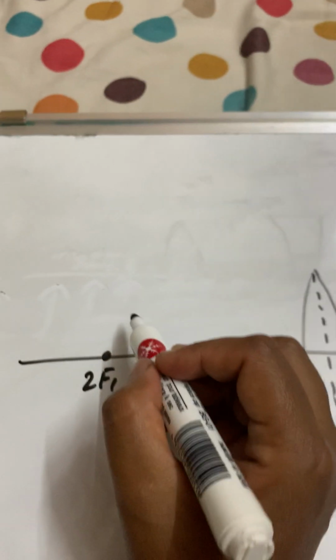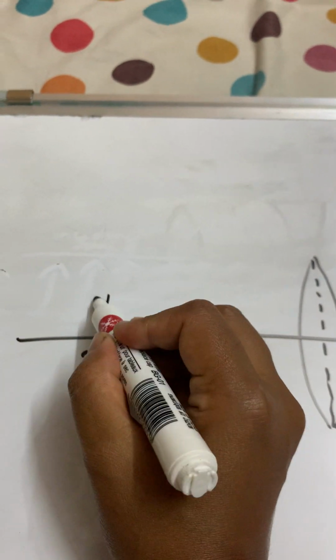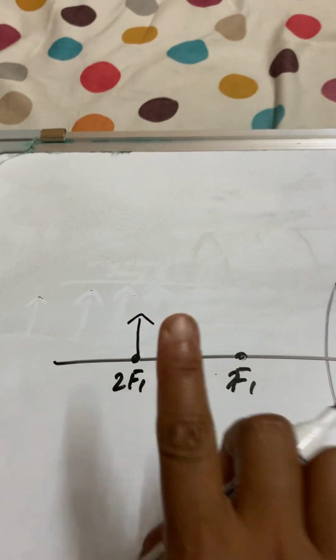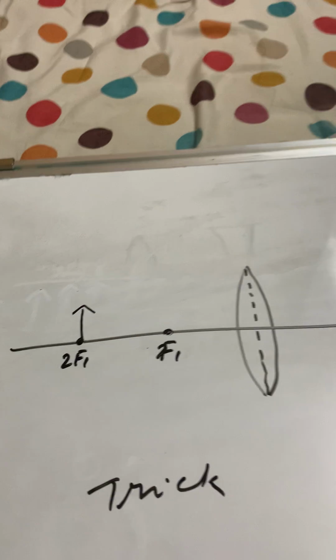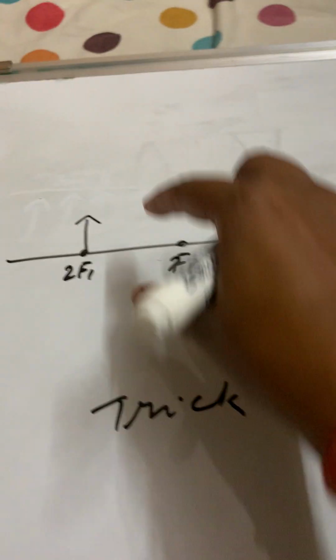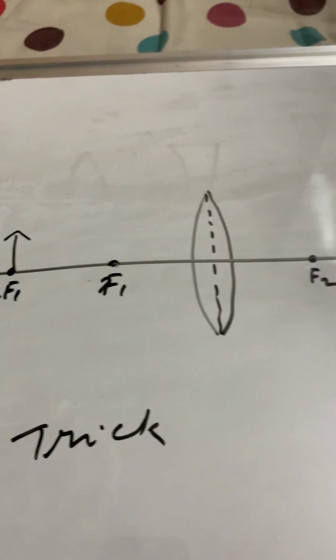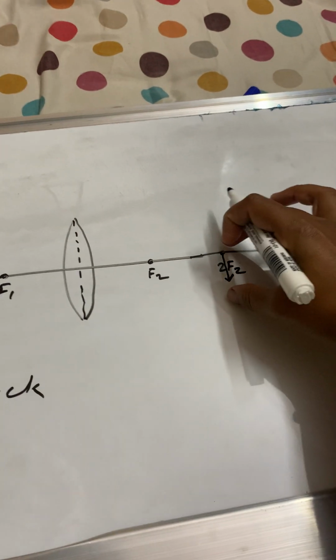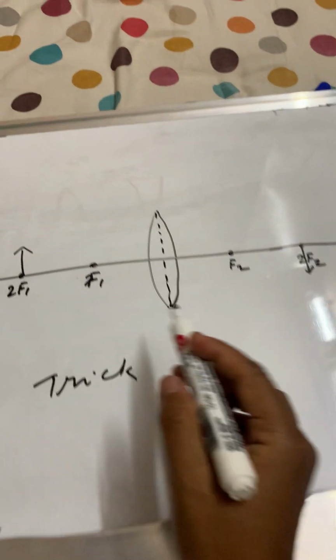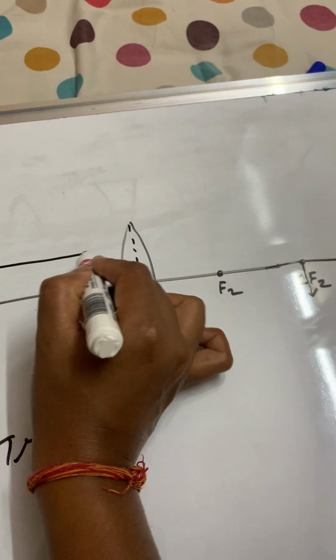Now if the object is here, where should the image of it be? I'm talking about the trick. You need to know where the position of the image has to be. For this 2F1, the image should be equal in size, right? Now make the ray diagram.